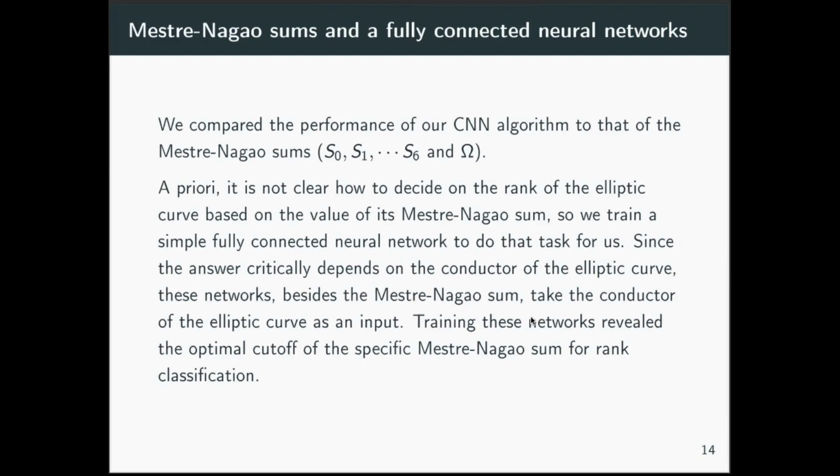So what we did, we trained simpler, fully connected neural networks for each of these Mestre-Nagao sums. We let the network decide on this bound. In that way, we could better compare these 2 methods, but also we got some information about how one should really choose this cutoff depending on the conductor.